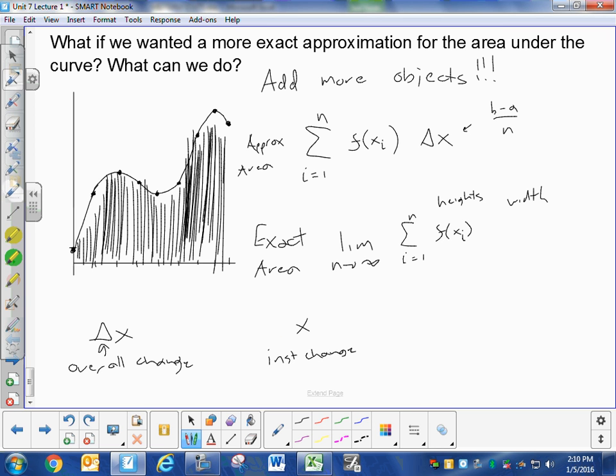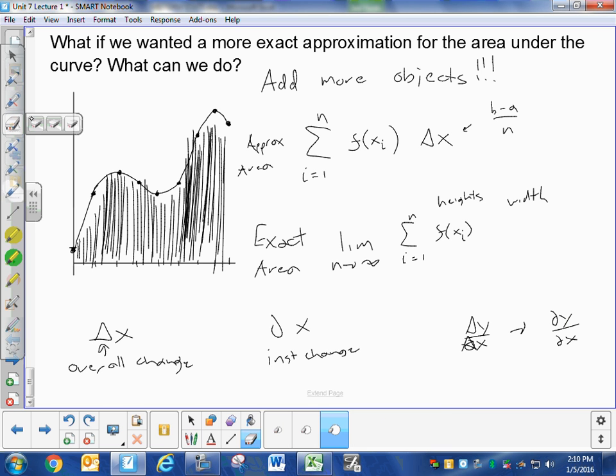The derivative, kind of, it's the d. Remember with slope of a secant, it was delta y over delta x. And if we want the instantaneous rate of change, it's the instantaneous change in y over the instantaneous change in x. So we use dx. And we don't want to think of that as the derivative, more of like an instantaneous change. So this becomes dx.